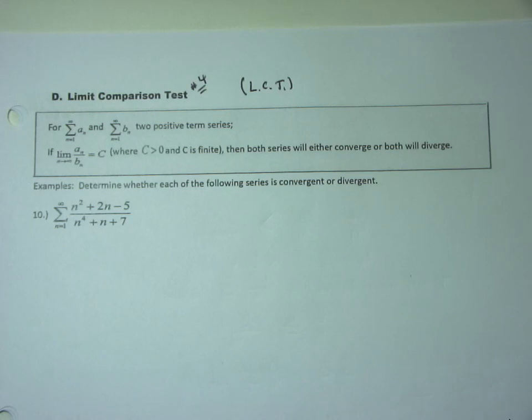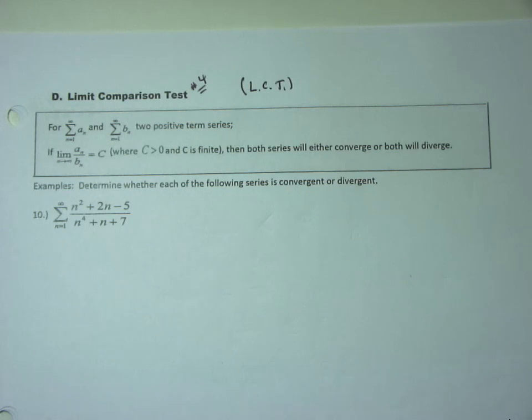If you're spending more than 10 seconds to compare an unknown to a known, you probably should not be using the direct comparison test. The limit comparison test I use about 90% of the time. A direct comparison test I use about 10% of the time because I see something very quick that clearly this guy that I want to compare to is bigger, or the guy I'm going to compare to is going to be smaller. But you got to figure out what you want to compare to. Let me explain the difference.